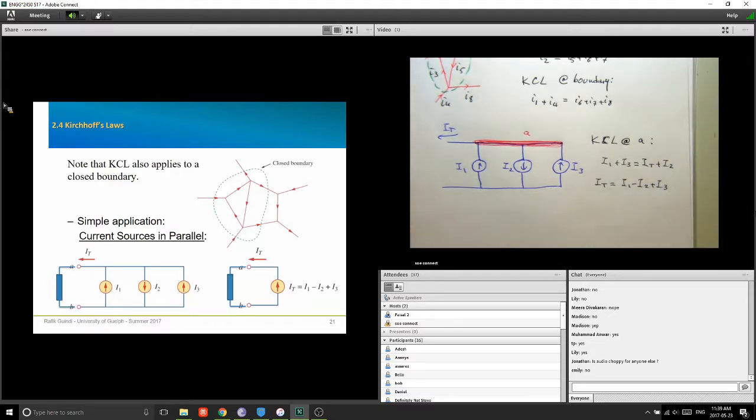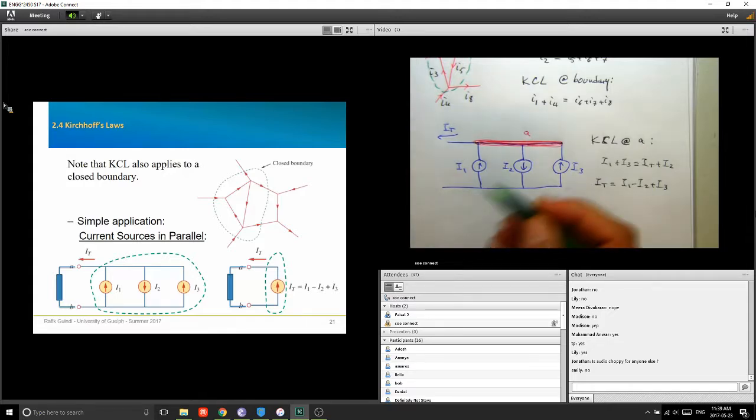Now, what we're trying to do here, I'm going to take I1 and I2 and I3 all together, like I drew this green line around them, and I want to replace all of that by a single current source.